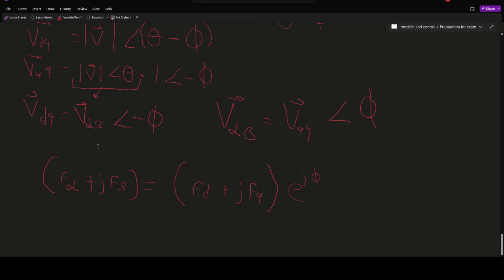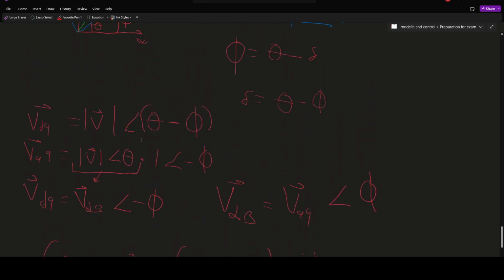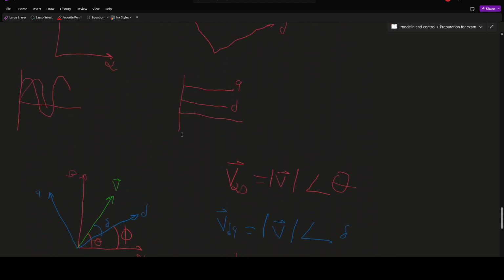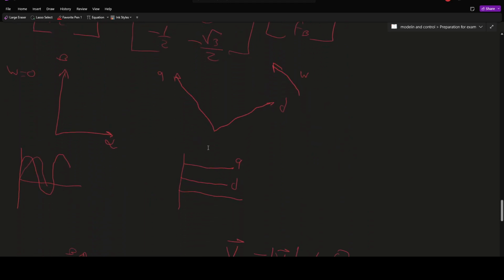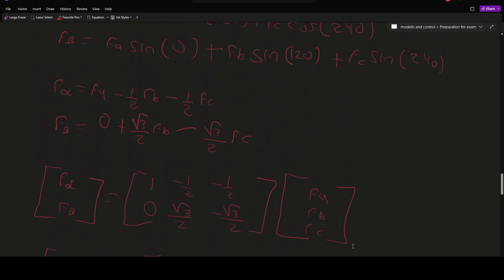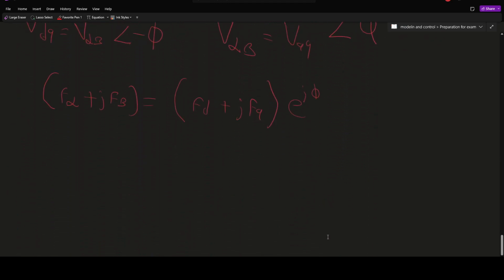So this is how we can do the Park's transformation. And the reason is so we can get a DC signal for our control system. Hope this helped. That is it.